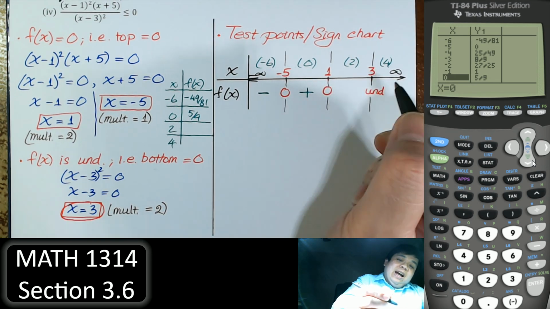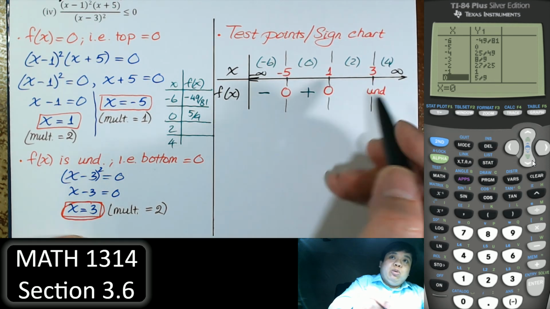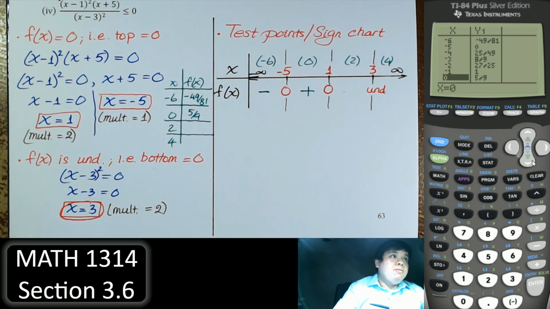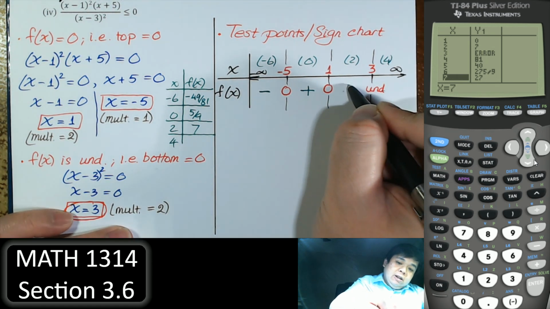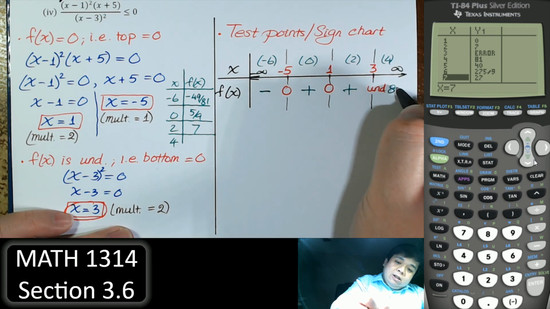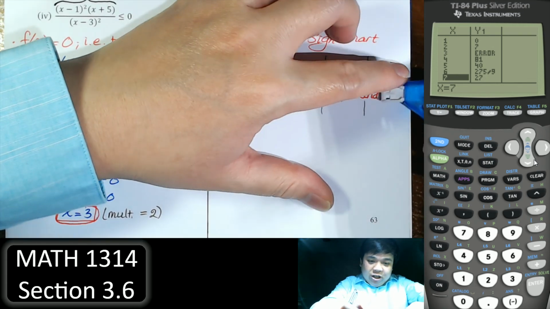Positive. Now, even multiplicity, the sign will not change, so you will expect to have plus and plus here. And when 2 it is 7, and when 4 it is 81. Just write it positive.